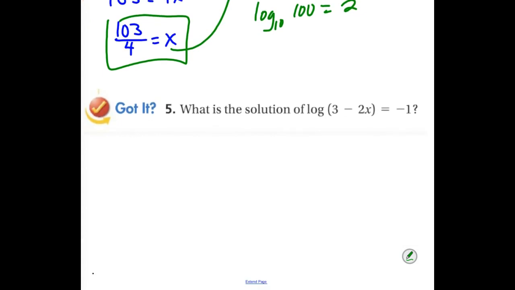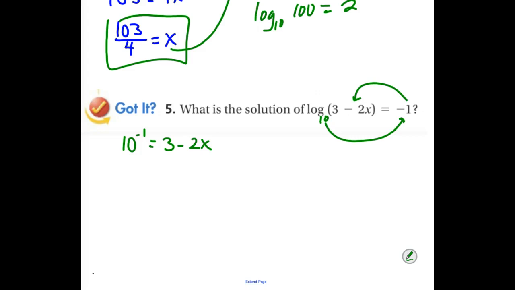All right, our next one. We have log of 3 minus 2x equaling negative 1. Again, our base here is a 10. So if we rewrite this exponentially, 10 to the negative 1 power has to give us that. Okay?